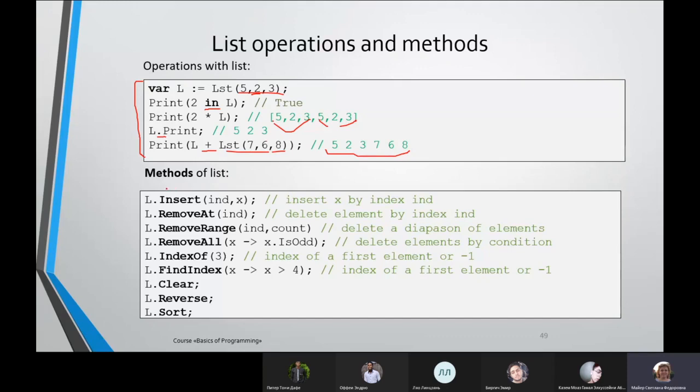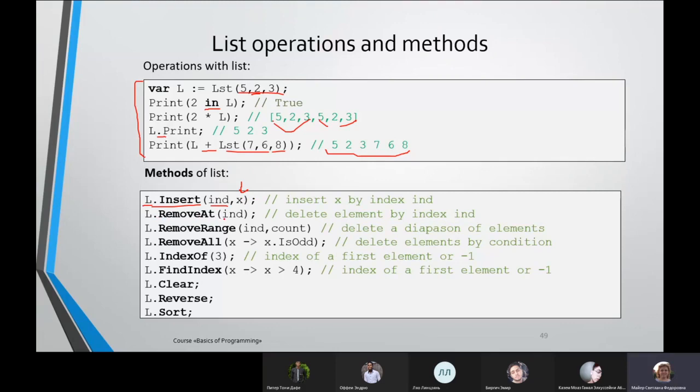And there are some methods to use when working with lists. So the insert method: we can insert some value X inside the L list at the position of the index. So int is the position or the index where we are going to place this value x.